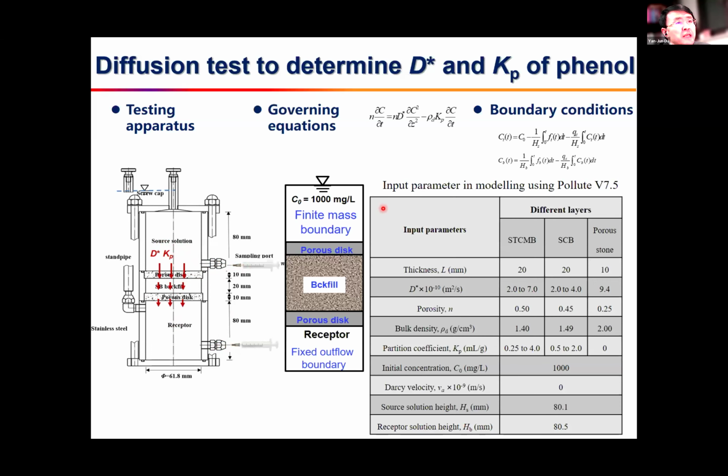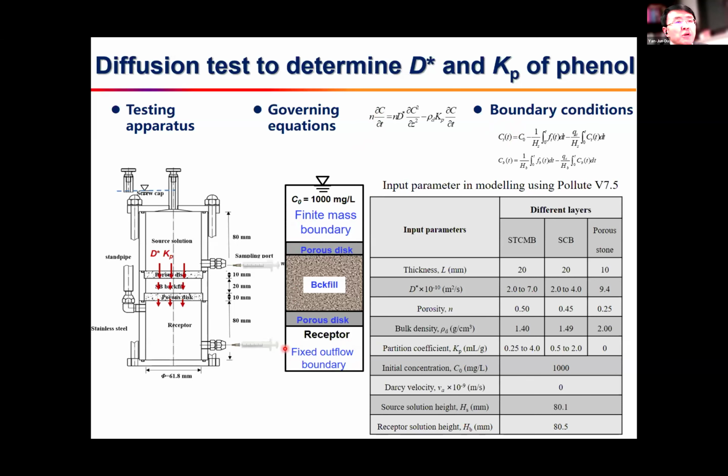Finally, we use the Pollute program to back calculate the D dash and Kp. Here is the one-dimensional diffusion-adsorption equation and the boundary conditions, imposed by a finite mass boundary condition as the upper boundary condition, and the lower boundary condition represented by a fixed outflow boundary.